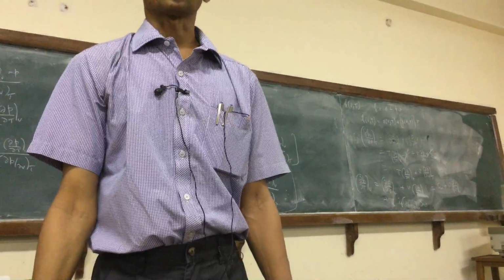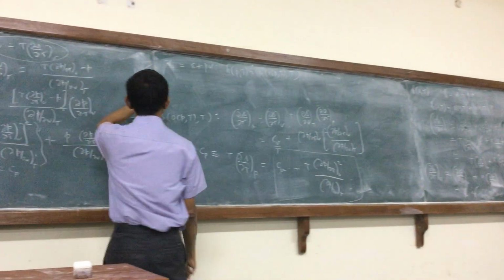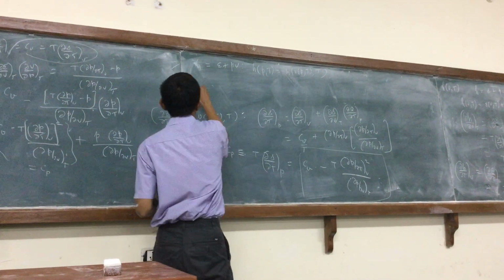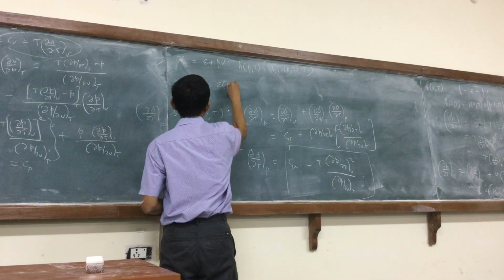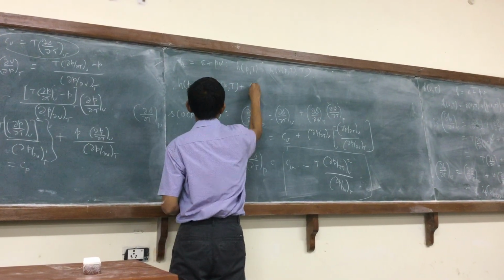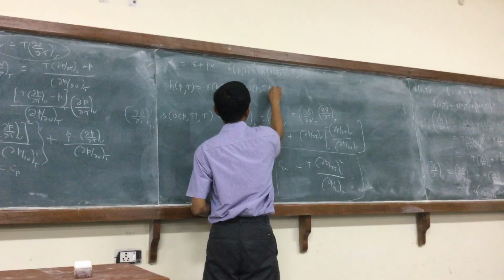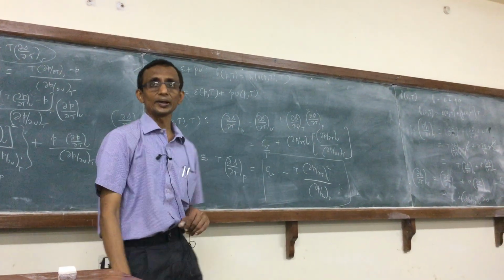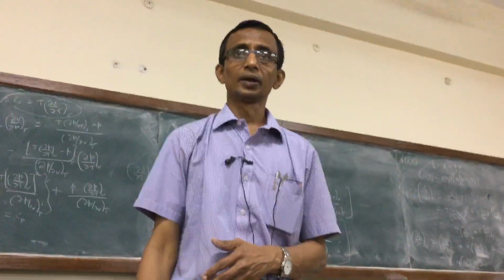And apply the chain rule, right? Another is simply, since I have already done that method and know E as a function, I can regard H as E plus PV, where P remains as it is, and V is also to be expressed as a function of P and T. So I can now differentiate term by term.